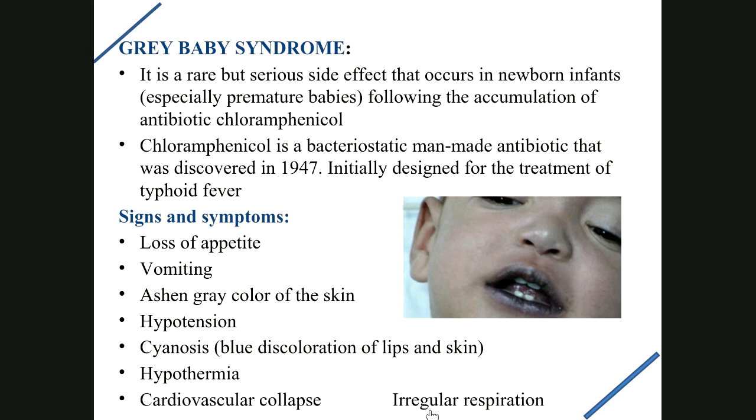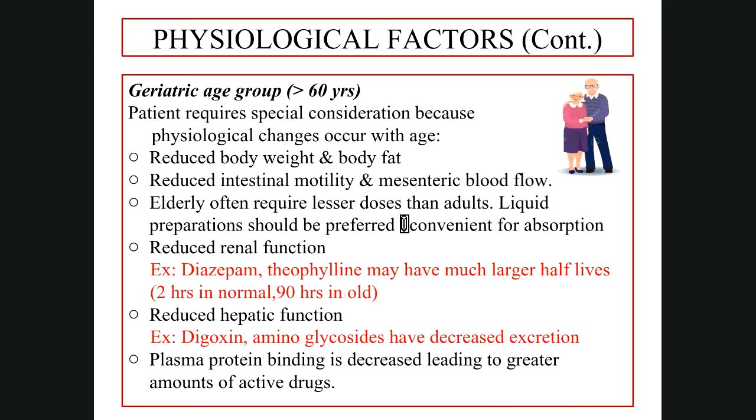So this is known as gray baby syndrome, which develops due to the accumulation of chloramphenicol in the newborn baby. So in such cases, such type of drugs must be avoided.